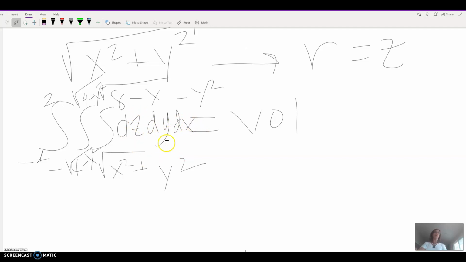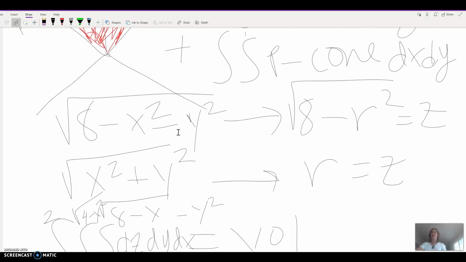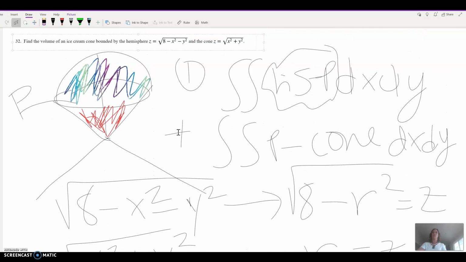In section 16.4, they are actually expecting you, if you want to try it and see what answer you get, so when we do it again in 16.5, you're convinced you get the same one, to do the two double integrals using the polar coordinates. So describing the volume under the hemisphere above this plane, and then below the plane, above this cone.